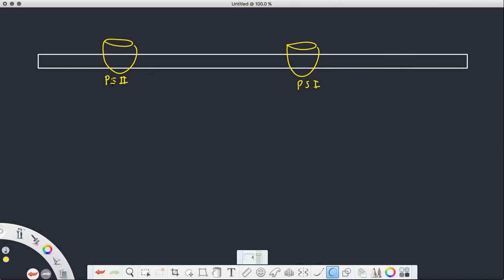So we name PS2 first, not PS1, and then we label PS1. Why is that? Because the starting point of the light dependent reaction is at PS2. So PS2 is 680 nanometer and this is 700 nanometer.